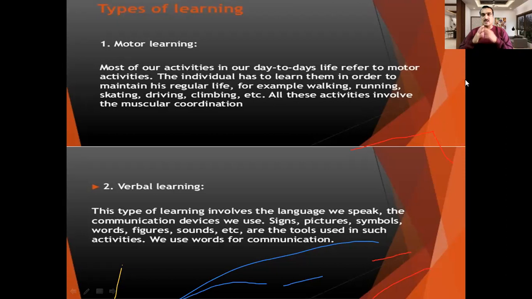Those elements require some efficiency, which is also part of the ability of learning. So walking, running, skating, driving, climbing a mountain are all the result of the coordination between your body and mind, the coordination of the muscles. If there is coordination between these elements, then only can you learn something.